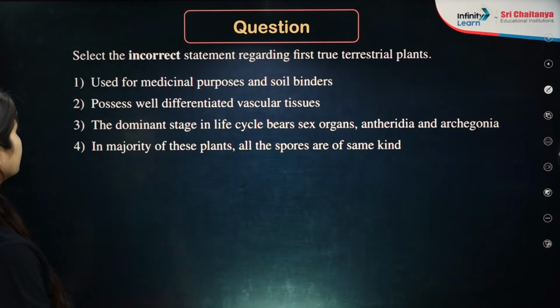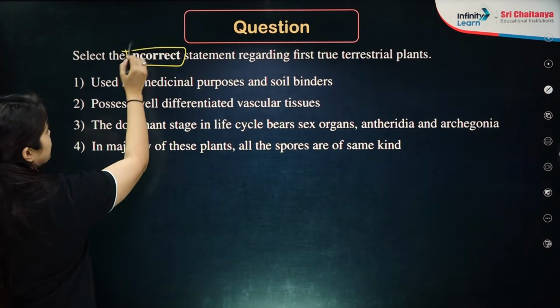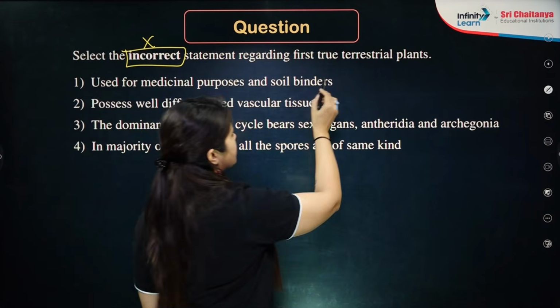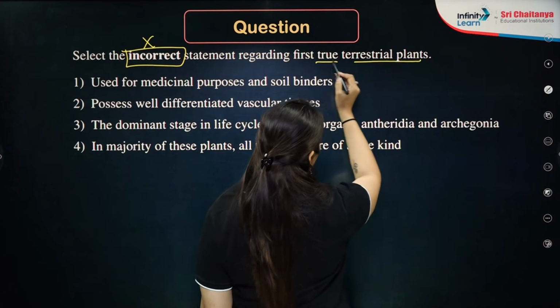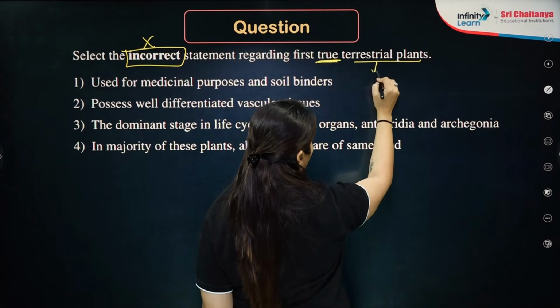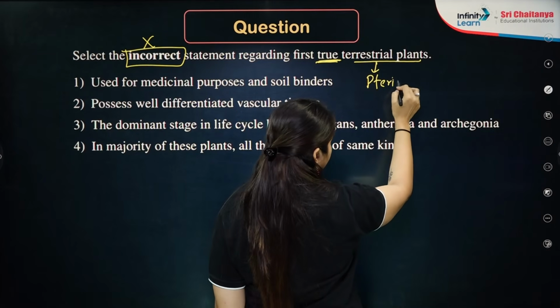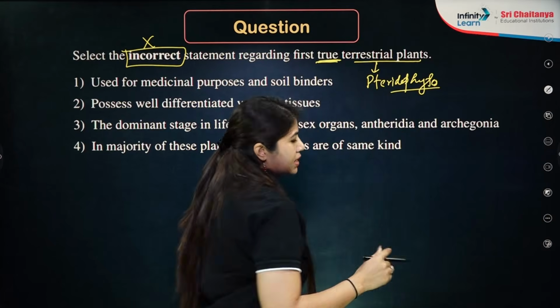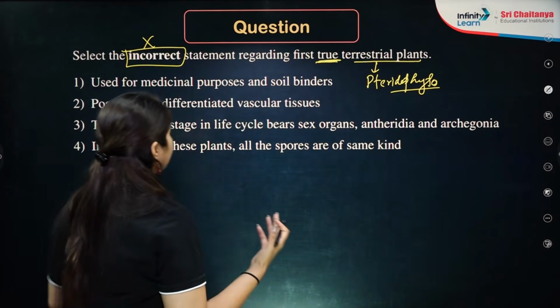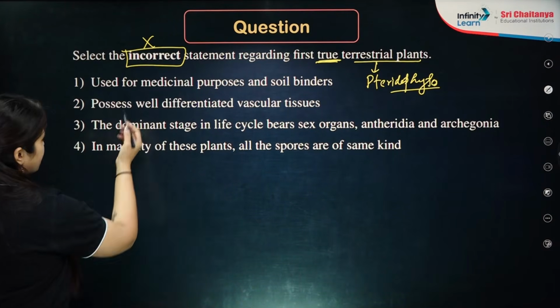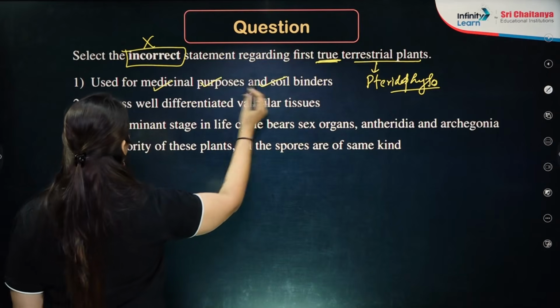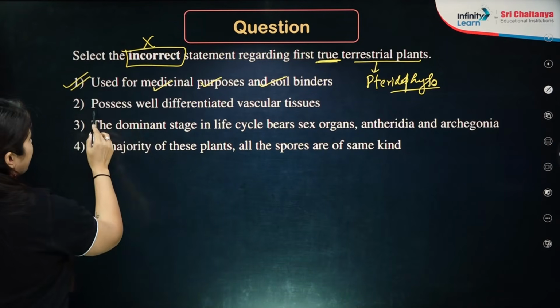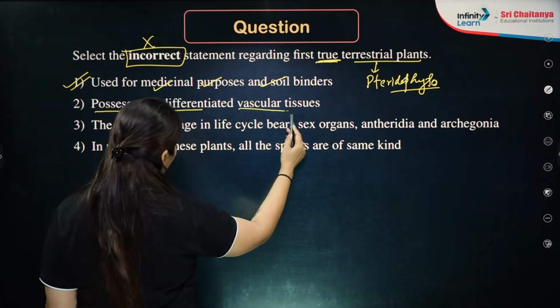Okay, next question. Select the incorrect statement, the wrong statement with respect to the first true terrestrial plants. So first true terrestrial plants were my pteridophytes. Bryophytes were supposed to be the amphibians of the plant kingdom. Now we need to find out the wrong statement. Used for medicinal purpose and soil binders, yes, perfectly correct. They have well differentiated vascular tissues.